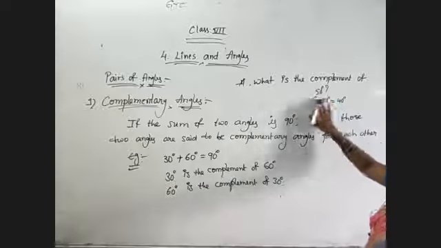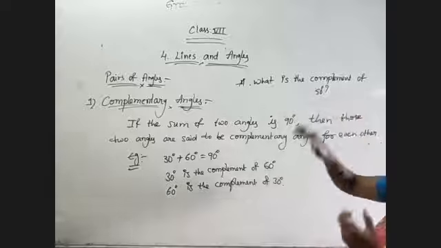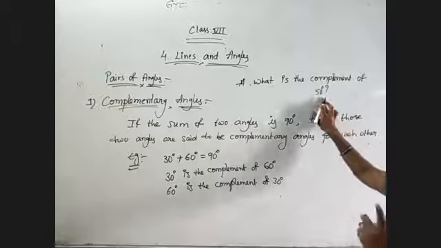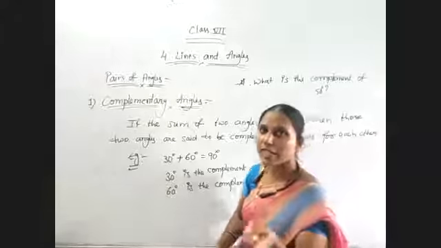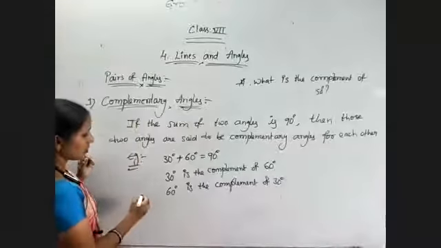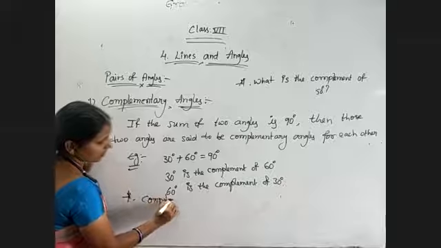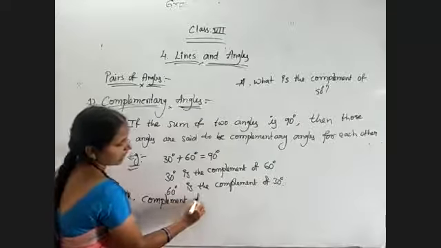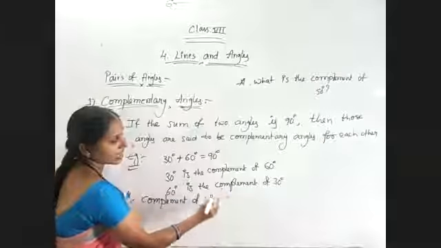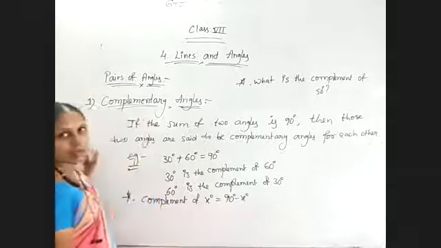Understand? So what is the other angle? 40 degrees. How are we getting that? We have to do the sum minus the given angle. Whenever they ask for the complement, we do 90 minus whatever angle they give. So the complement of x degrees is equal to 90 degrees minus x degrees.